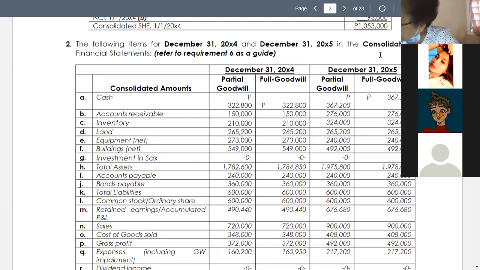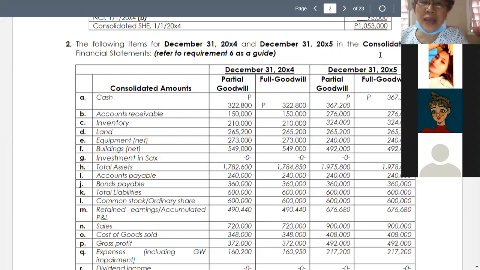Next, we have land, adding 210,000 and 48,000. So we have the total of 258,000. But we have an adjustment to land because of the undervaluation of 7,200. So you get 265,200. Again, we are adding 7,200.